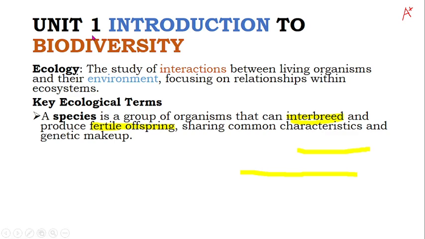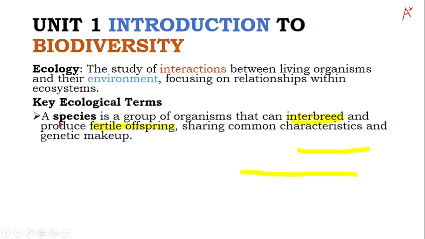It means the organisms which can make fertilization, their gametes can meet, and the zygote or the young one they produce is also able to produce young ones. So those organisms are species. For example, when you take a goat and a goat, they can mate and produce a young one, and that young one of the goat can also meet with another goat and produce a young one.